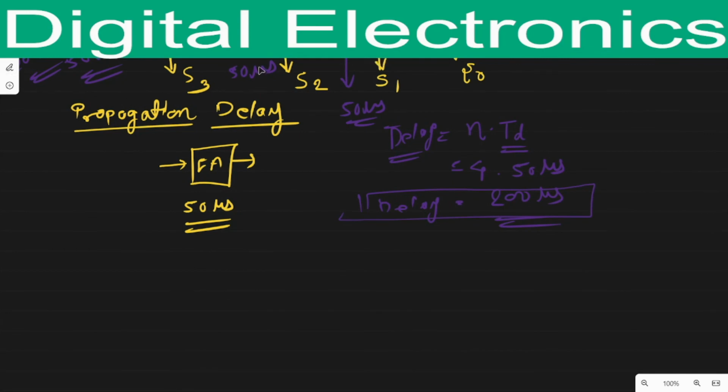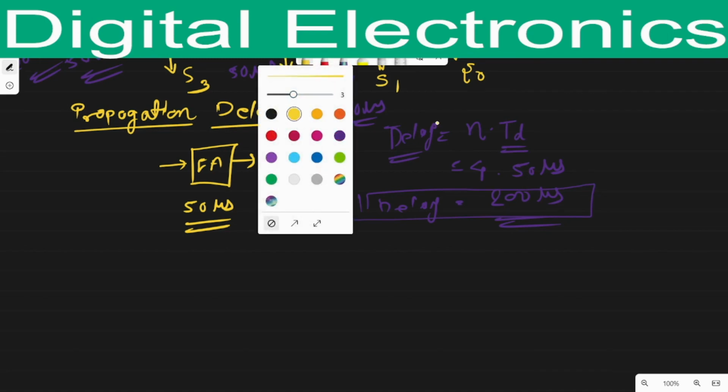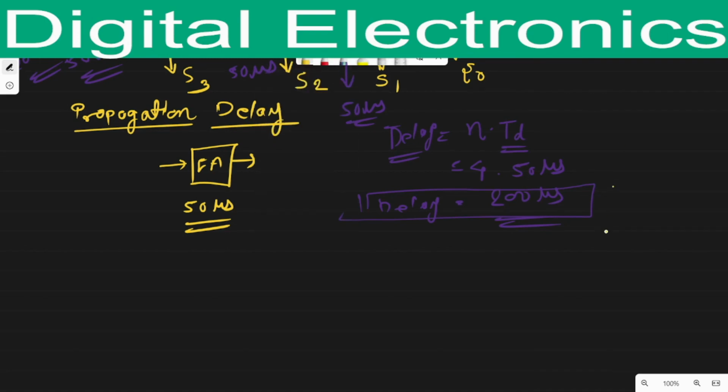That's why we can say that if the number of bits in the processor increases, the propagation delay will increase accordingly. This is the reason why this type of binary parallel adder is known as the slowest adder. Okay, thank you so much.